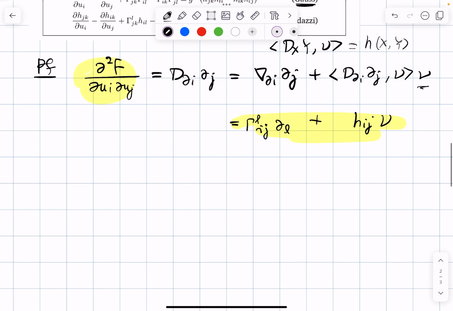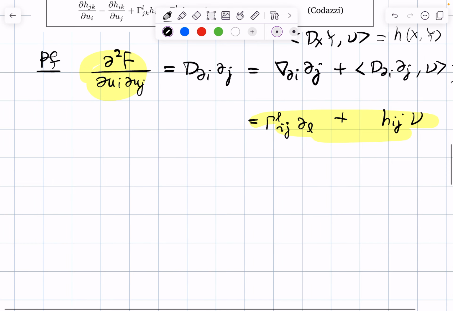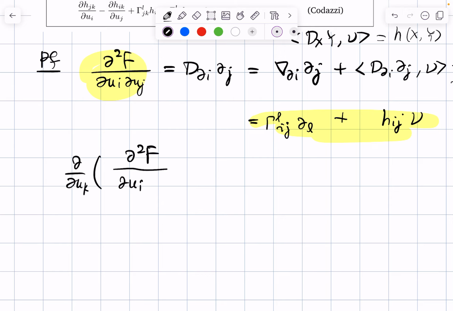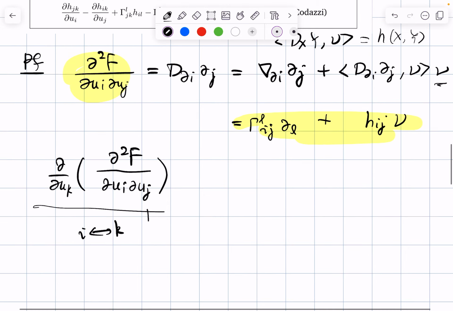Our proof is based on the fact that the whole thing is very nice, smooth, and so you can freely exchange the order of partial derivatives. Let's evaluate this part. And you swap i with k, and then you equate those two different expressions.